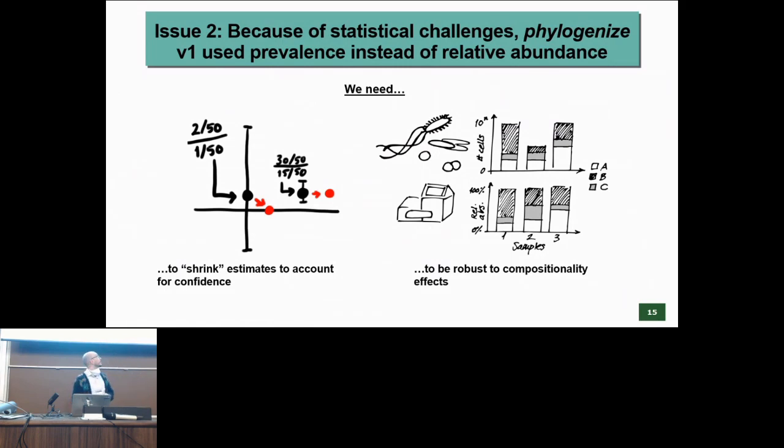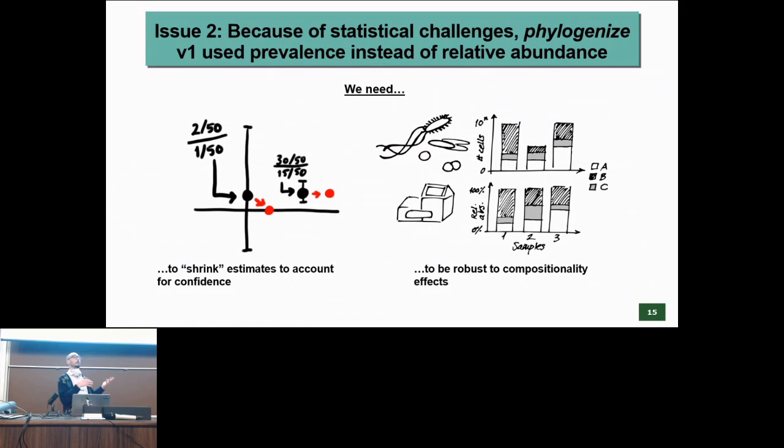And then the other issue is that we wanted to be robust to, if you remember from Justin's talk the other day, these compositionality effects. Basically, what this means is that when you are sampling a microbiome through sequencing, you lose the information about the absolute quantity of cells that were in your environment, right?